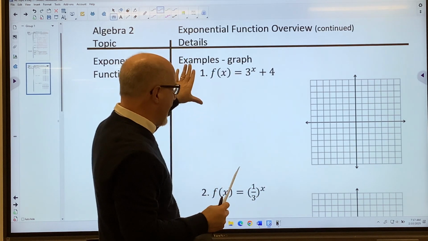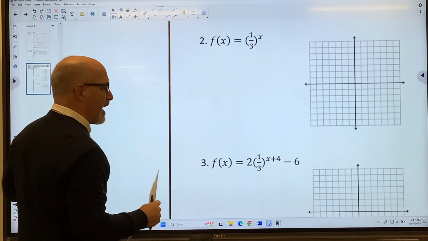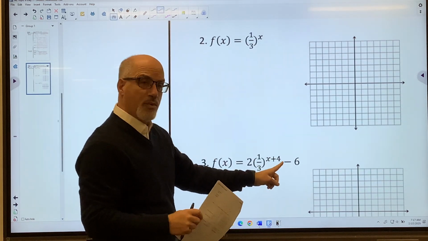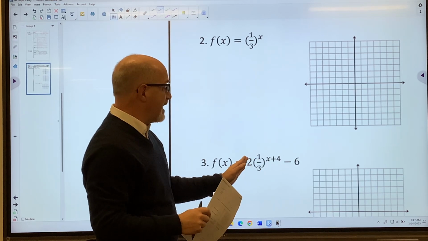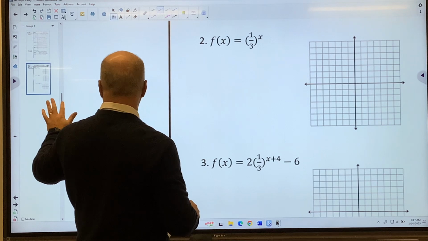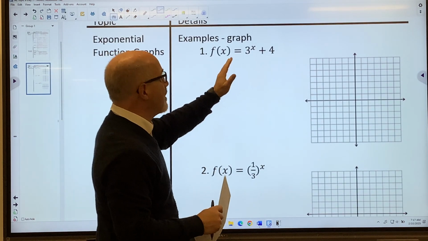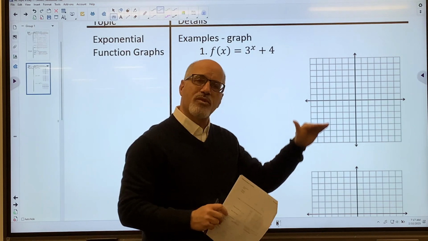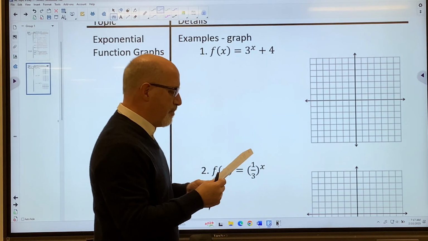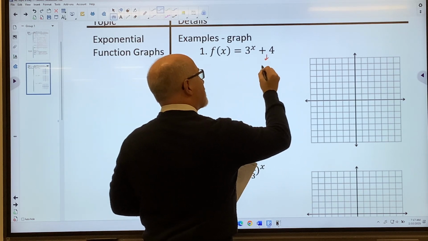I have no a times it out in front of it. Down here, notice I've got a 2 times the base to a power, so that's going to be the initial amount 2. But here, when I do this problem, I'm going to have my initial amount be 1, but then I'm going to add 4 to it, so that moves the initial amount up. So when I do this, this will be my asymptote.